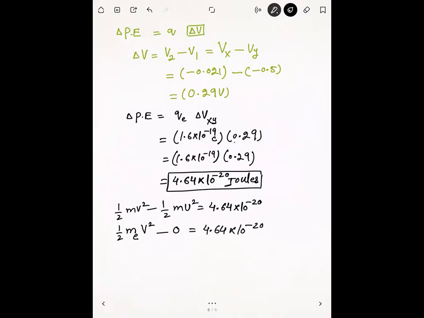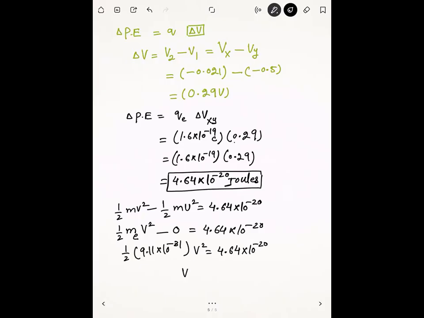So 1/2 into mass of electron 9.11 into 10 power minus 31 into v² will become 4.64 into 10 power minus 20.